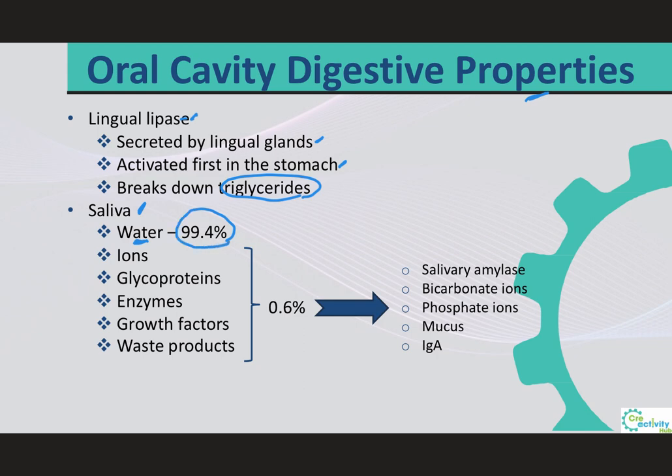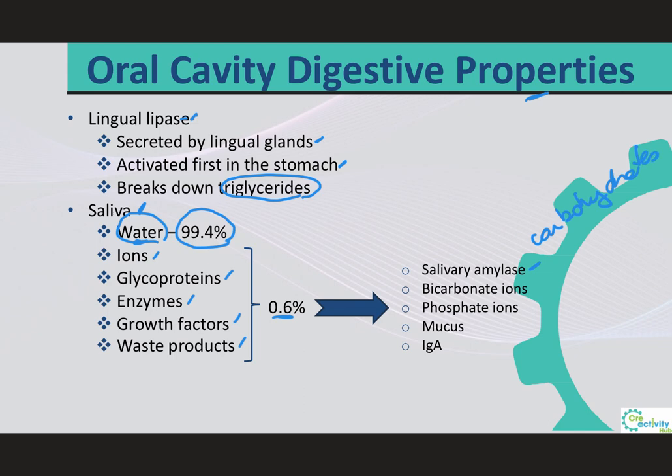99.4% of the saliva is in fact water. And the remaining 0.6% is going to be this complex mixture of ions, glycoproteins, enzymes, growth factors, and waste products. And perhaps the most important ingredient in saliva from the perspective of the digestion process is the enzyme salivary amylase, which will be important for the initiation of the breakdown of carbohydrates.